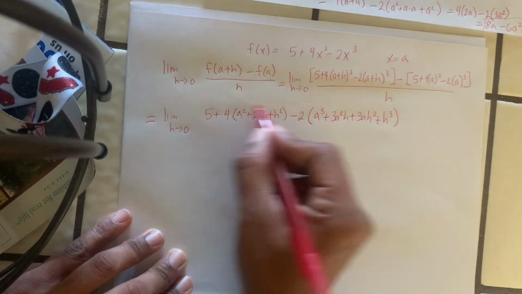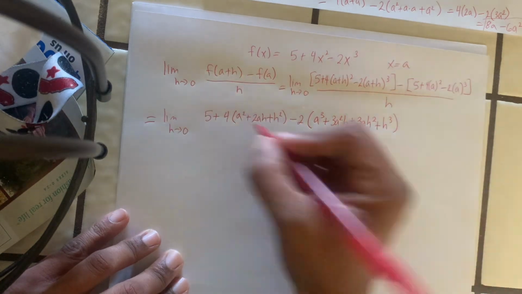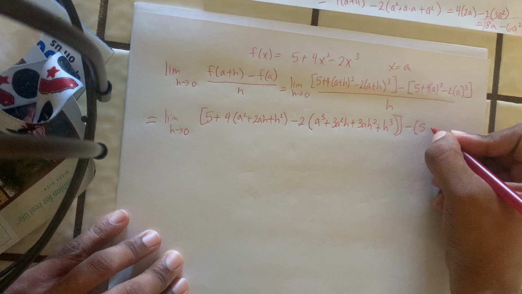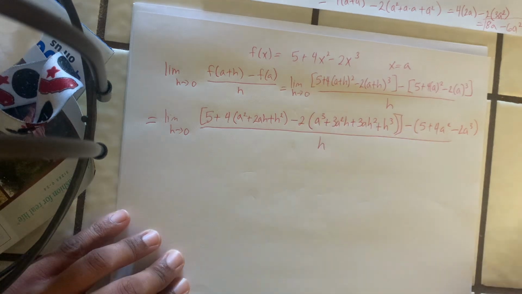Now this is just our first part, our f of a plus h, minus 5 plus 4a squared minus 2a cubed over h.